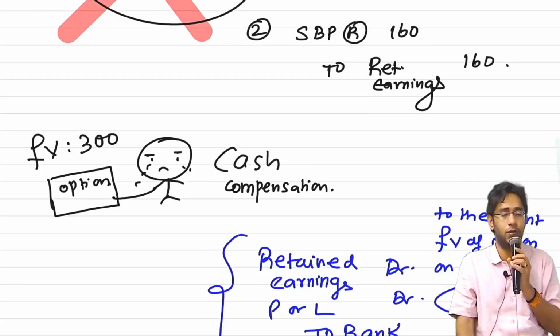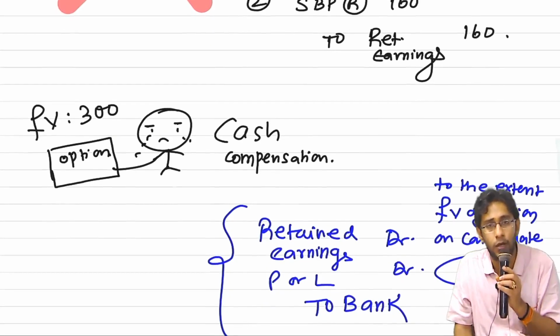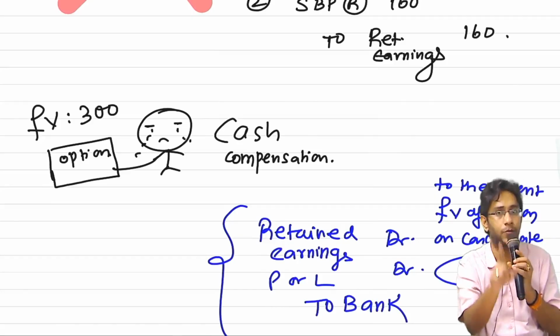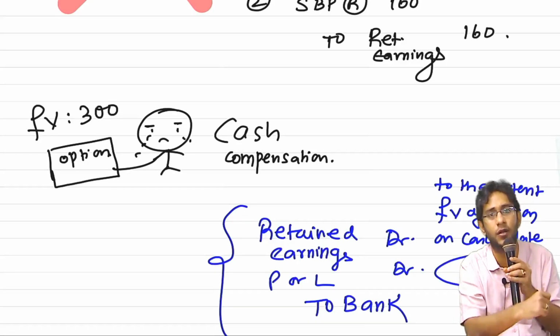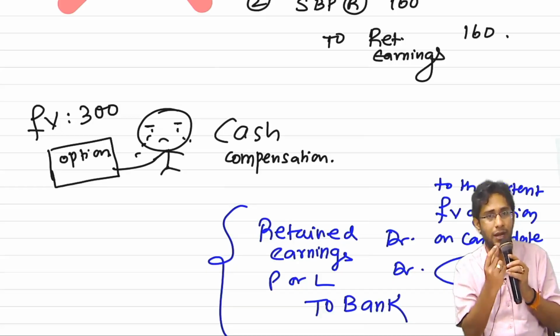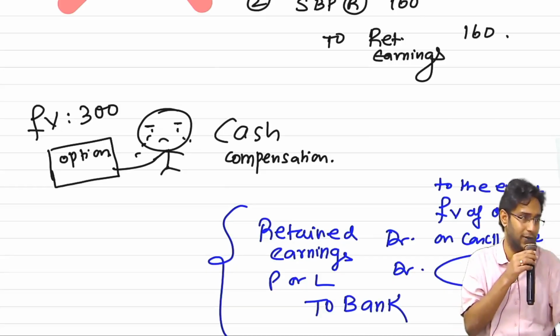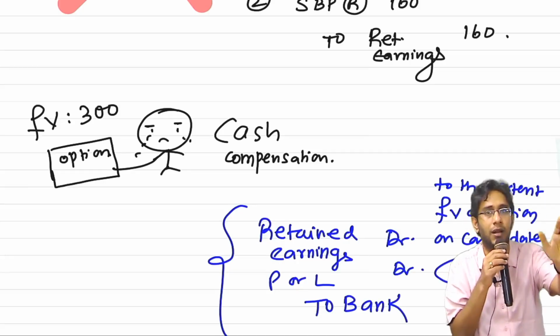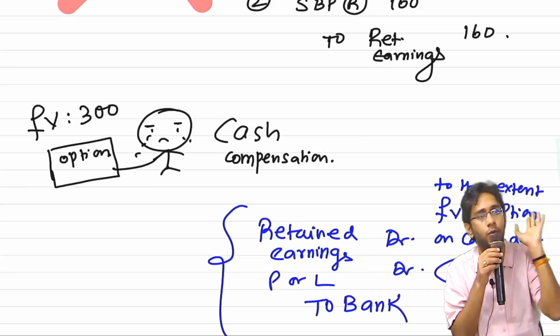If you pay cash, cash paid to the employee to the extent of fair value of option, not share, option, because what we snatch from his hand is what? Option. Fair value of option on the cancellation date, up to that level, you can debit to retained earnings or general reserve, any other equity. You pay anything more than that, that is a loss for us, that you will debit to P&L.